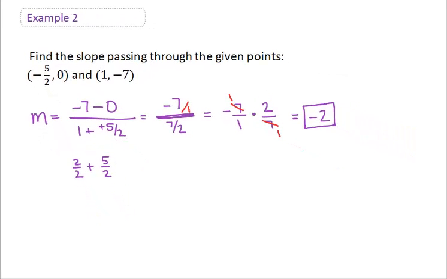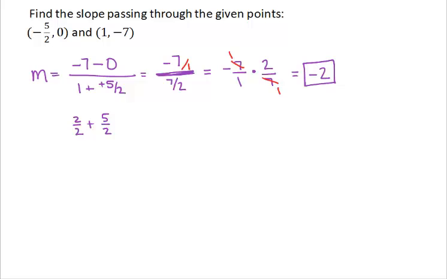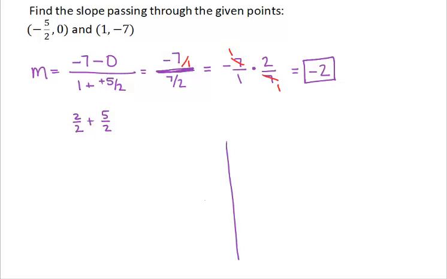Let's see what that means if we were to graph this here. My first one is an x-intercept of -5 halves, 0. If I wrote -5 halves as a mixed fraction, that would be -2.5. My second point is 1, -7. So my second ordered pair is here. So my line connecting these looks like this.